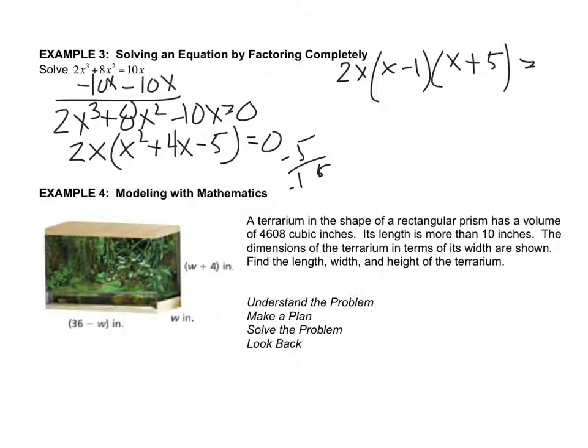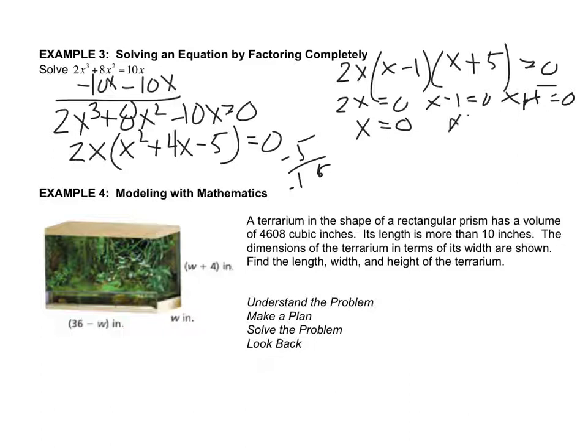So just to bring that over here, I can now turn this into 2x, x minus 1, x plus 5 equals 0. So remember, our zero product rule says that if any of these are going to give me the answer of a 0, then I know that those are solutions. So this is where I would set each of those to 0. And now I just solve. So for the first one, x equals 0.